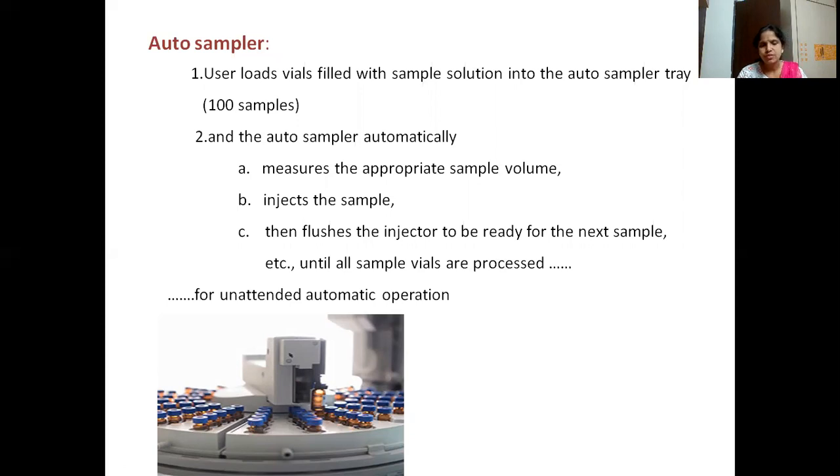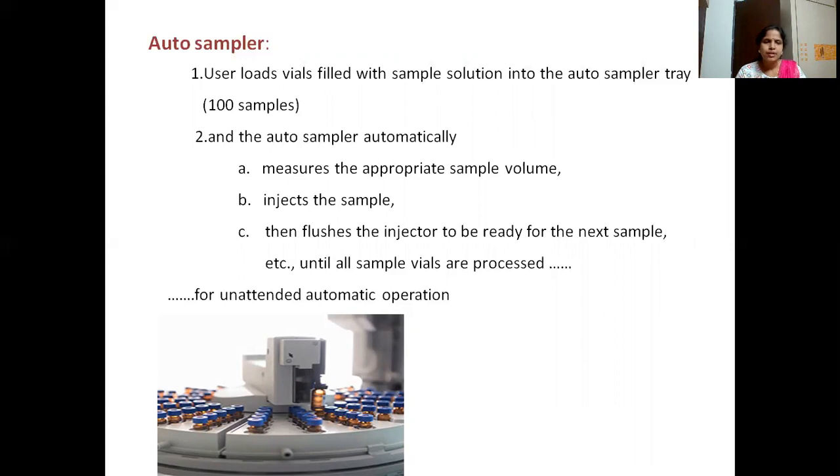You just program it and leave it. The machine will automatically select that particular vial, and we also have to give in the program how much sample volume to inject. It will take that much of the sample and then inject it into the injector, that is, the column.